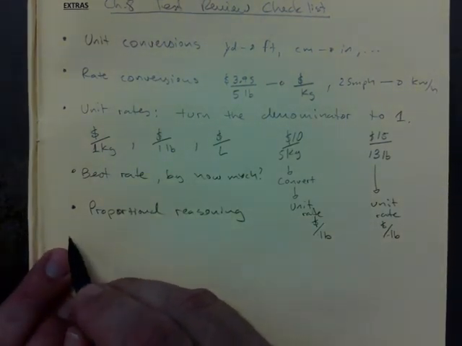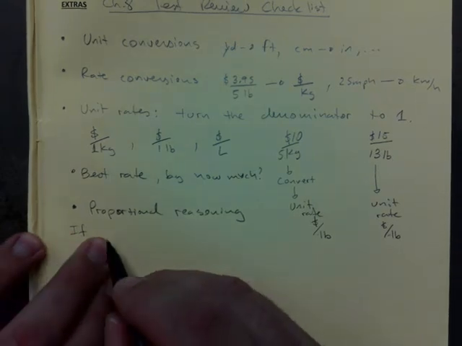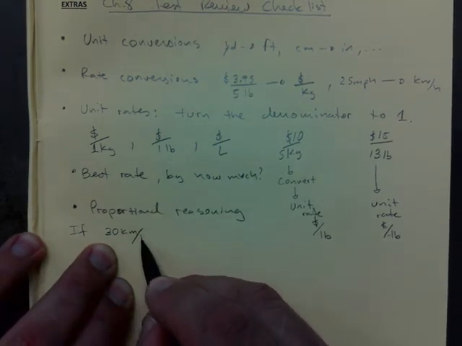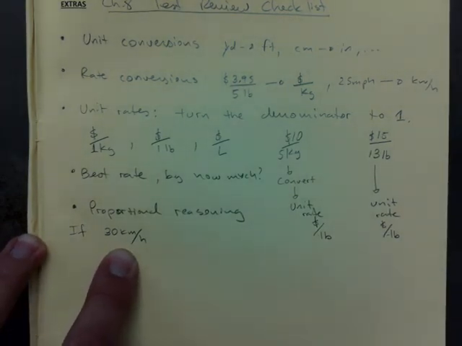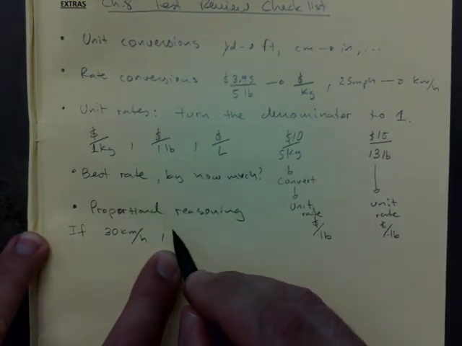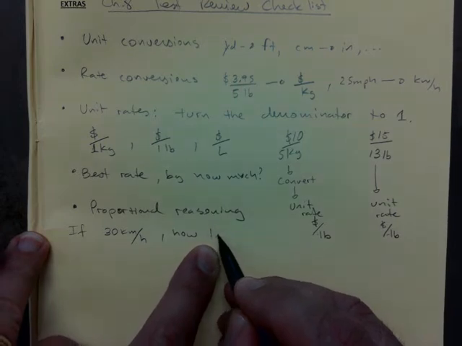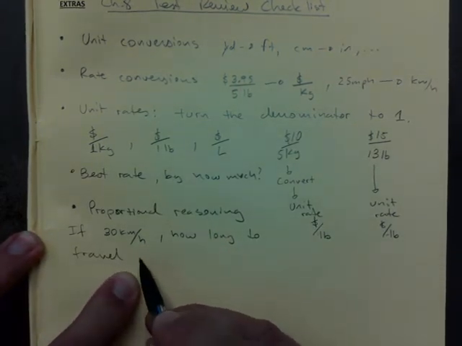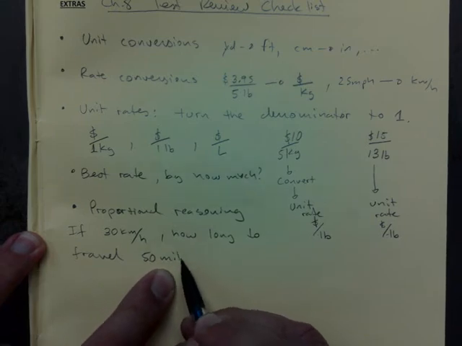Then they can ask, if a car travels 30 kilometers per hour, that is actually a unit rate, how long to travel 50 miles, let's say?